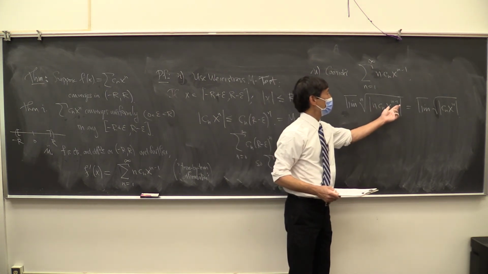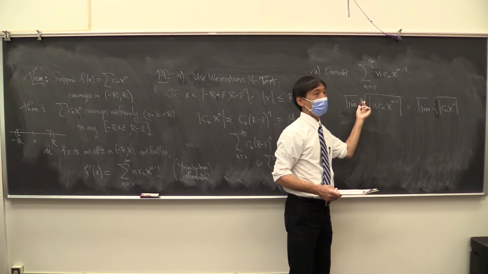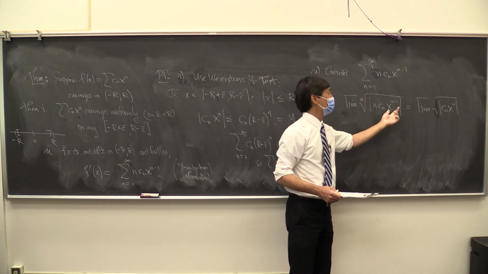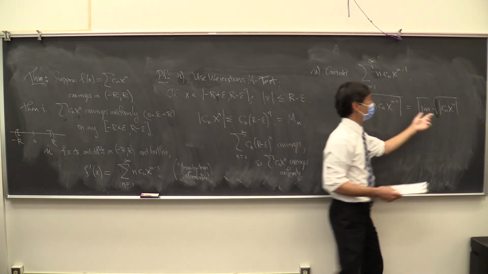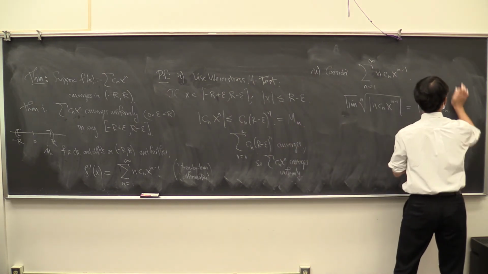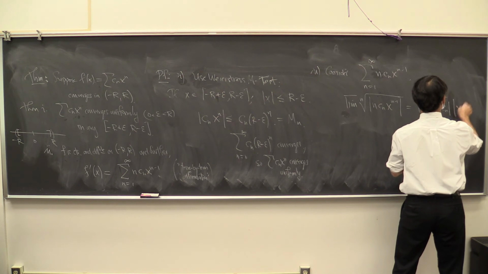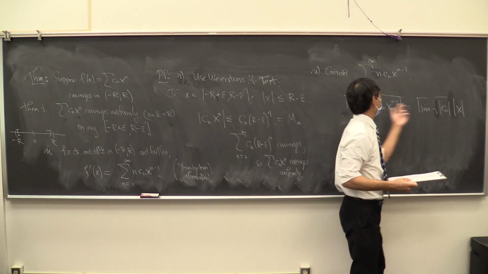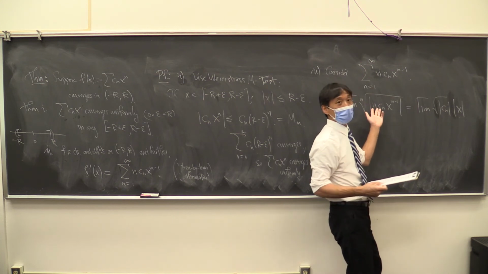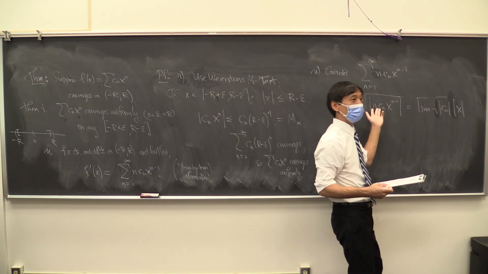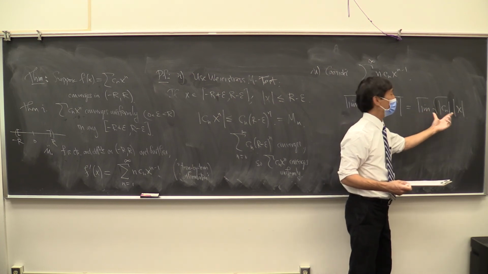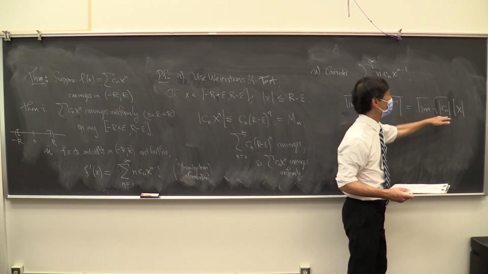Because you're taking this x^(n-1) to the 1 over n, and n goes to infinity, this basically turns into just the absolute value of x. And n to the 1 over nth power also goes to 1. And so we end up with the same condition.